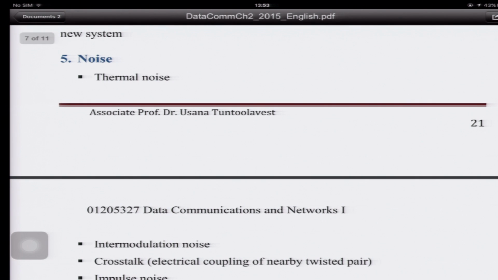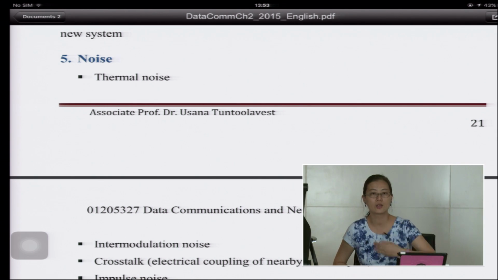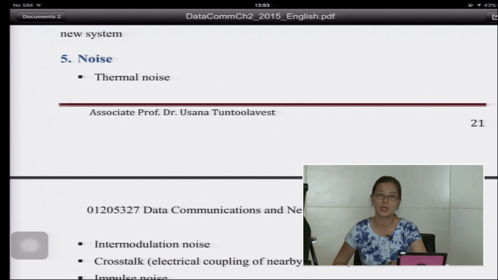Now let's look at another transmission impairment. We have talked about the distortion, we have talked about the attenuation. The last one is noise. There are many kinds of noise in the channel. The first one is thermal noise. Thermal is like temperature, okay? So thermal noise occurs for all temperatures above 0 degrees Kelvin.